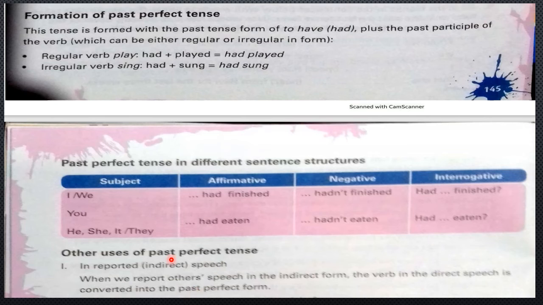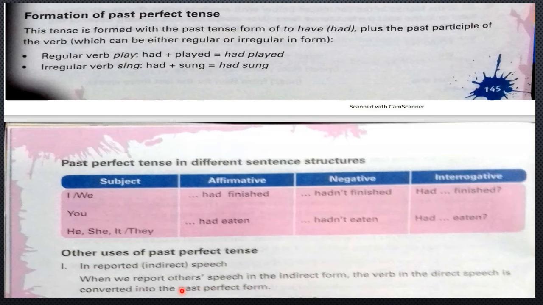Other uses of past perfect tense, one we are having in this slide. In reported indirect speech, when we report others' speech in the indirect form, the verb in the direct speech is converted into the past perfect form. So that rule we know because we have learned how to change the speech of a sentence.